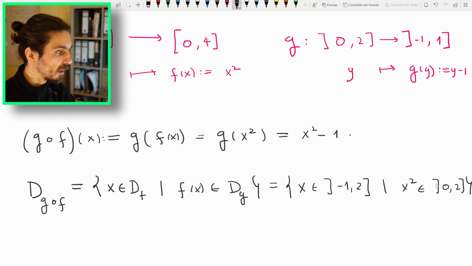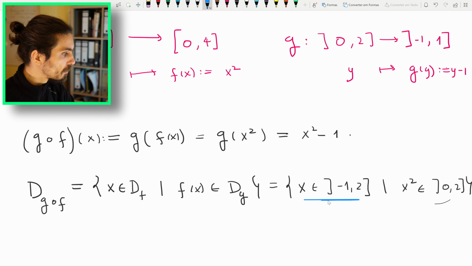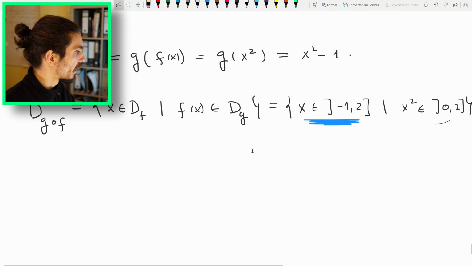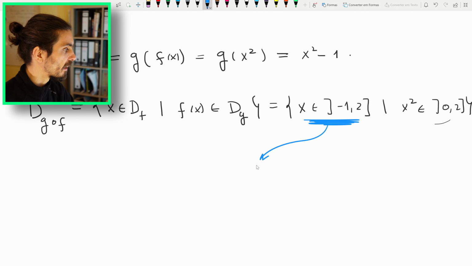Before we make such a calculation, let's simplify the statements that are involved, meaning this statement and this statement here. This statement here can be simplified because it essentially says that x belongs to this set, but to say that is the same thing as saying that x is between -1 and 2, excluding the -1.